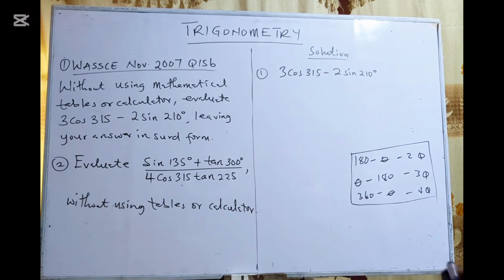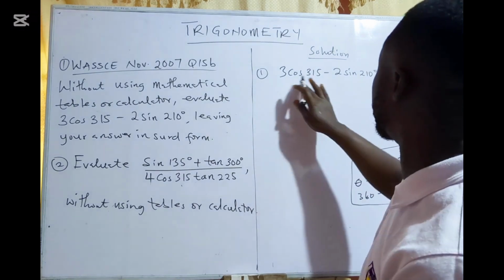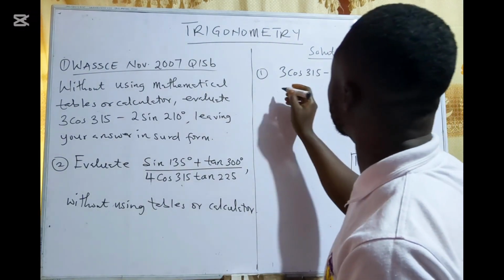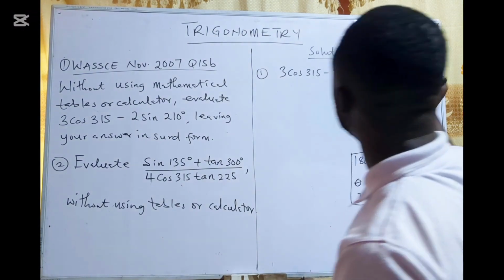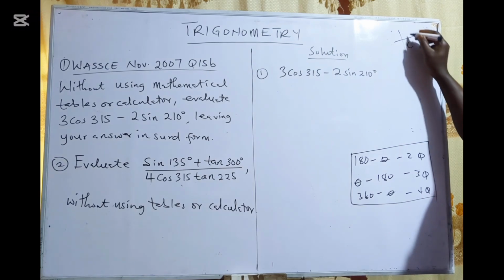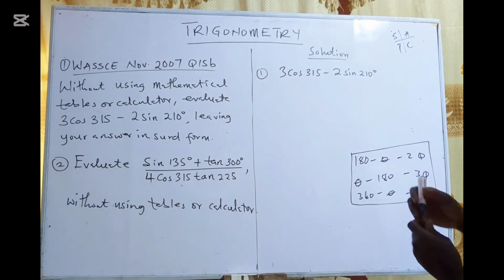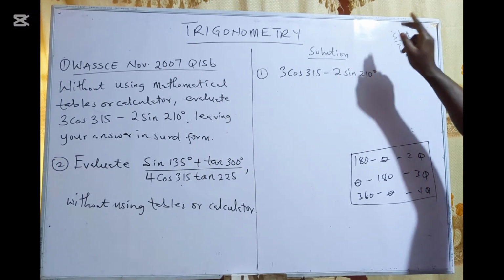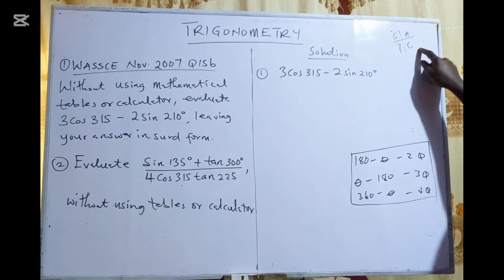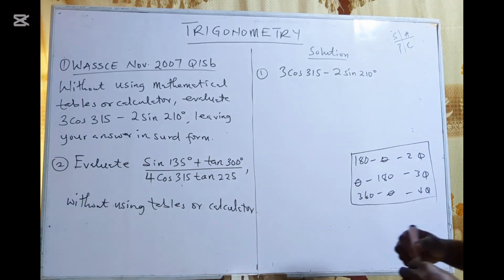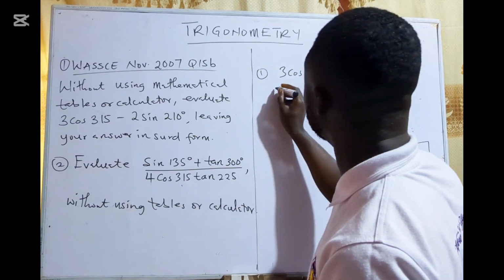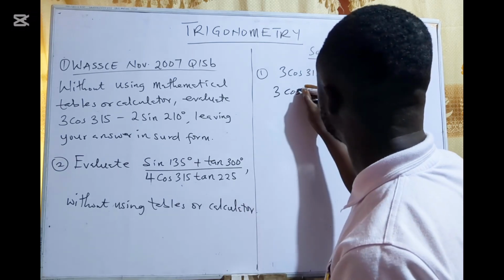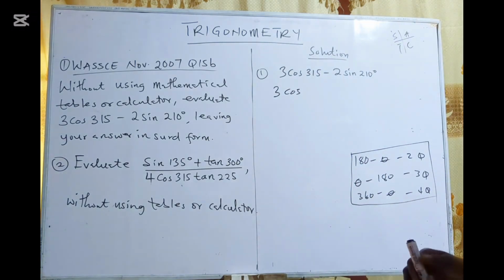Alright, so we have 3 cos 315 minus 2 sine 210, and we should also be guided by the CAST diagram. In the first quadrant, they are all positive. Second quadrant, only sine is positive. Third quadrant, tan is positive, and fourth quadrant, cos is positive. So we have 3 cos 315. 315 is in which quadrant?